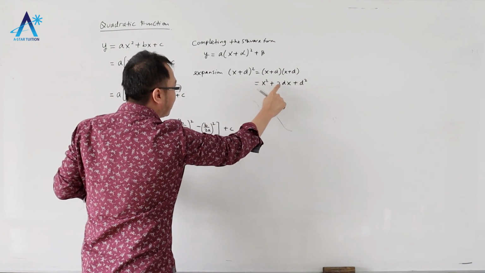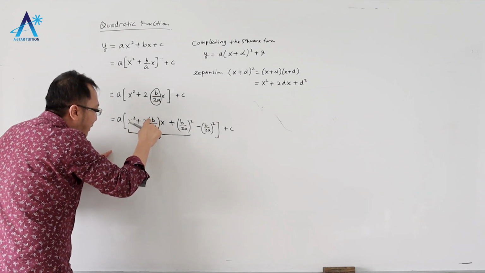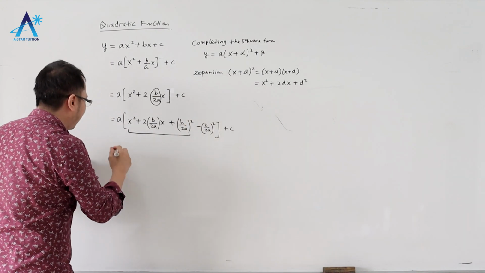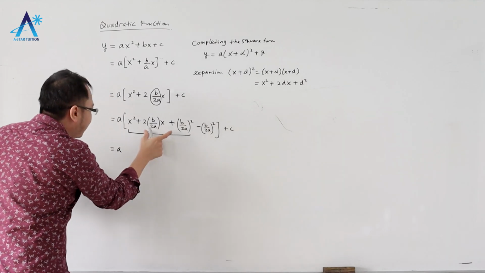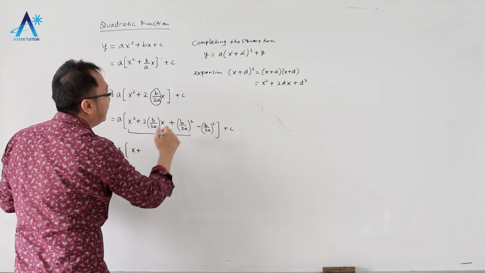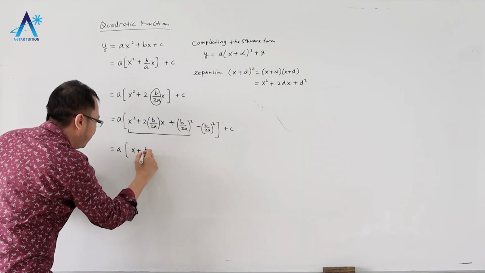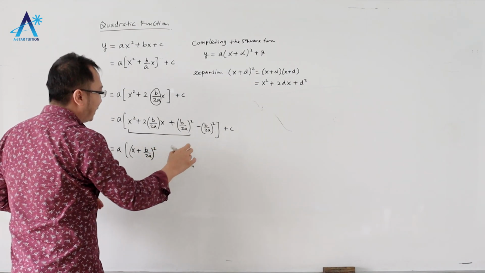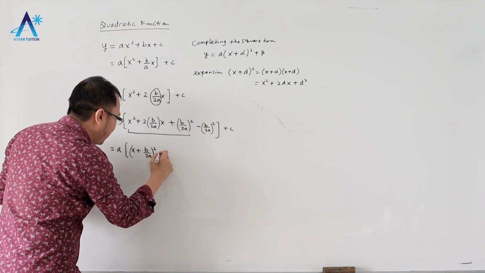Okay, x squared positive 2dx positive d squared. x squared positive 2 times this is d x positive d squared, and therefore now, according to this, this could be written as x positive d squared. So this is b over 2a squared, while this negative b over 2a squared will stay there.